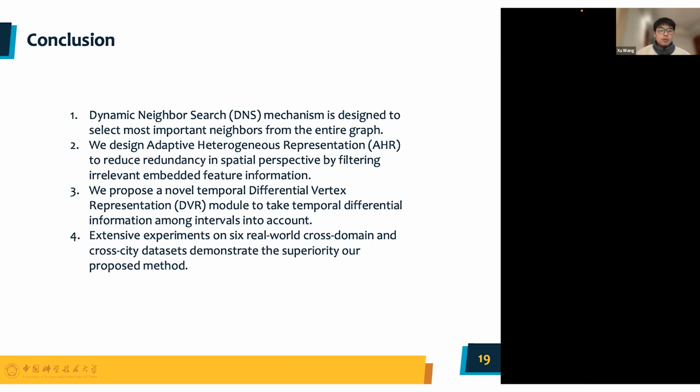We propose a novel temporal differential vertex representation module to take temporal differential information among intervals into account. Extensive experiments on 6 real-world cross-domain and cross-city datasets demonstrate the superiority of our proposed method.